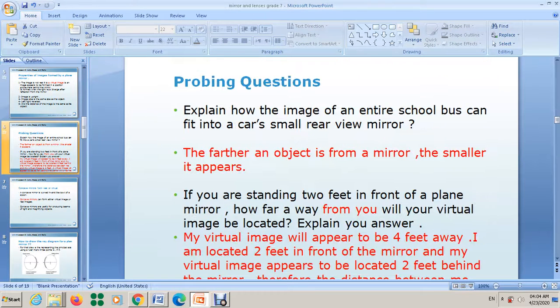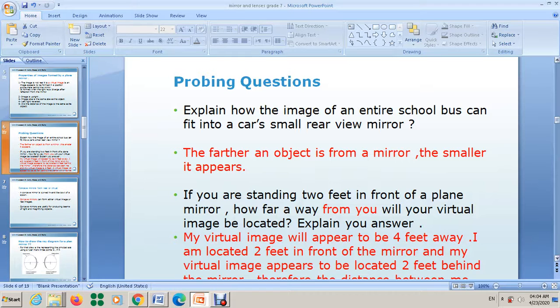When we studied this lesson, I gave you two questions. Explain how the image of an entire school bus can fit into a small car rear view mirror. So the answer: the farther an object is from a mirror, the smaller it appears.